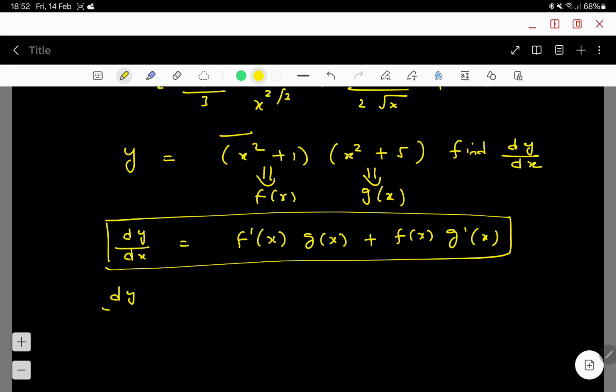So dy by dx equal to, first differentiate x square plus 1, differentiation of x square is 2x, okay, 2 times x power 2 minus 1, that is x, okay, 2x, differentiation of 1 is 0, write x square plus 5 as it is, okay. When you differentiate x square plus 1, keep x square plus 5 as a constant, okay, plus similarly when you differentiate x square plus 5, then keep x square plus 1 as a constant.